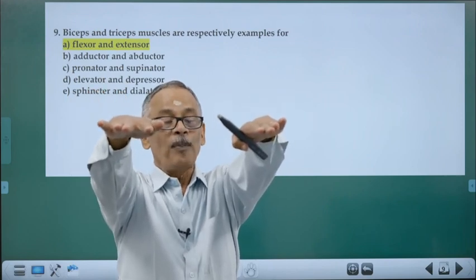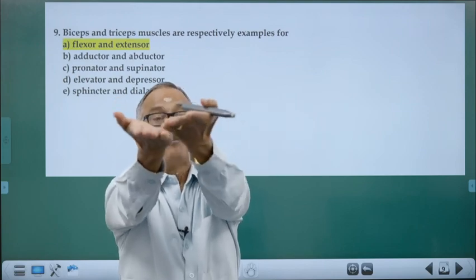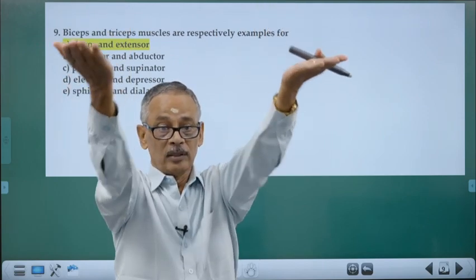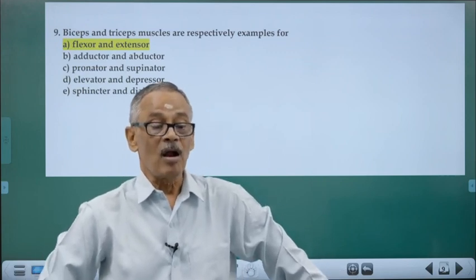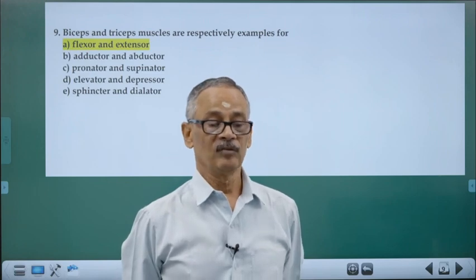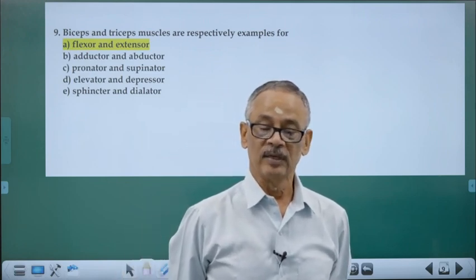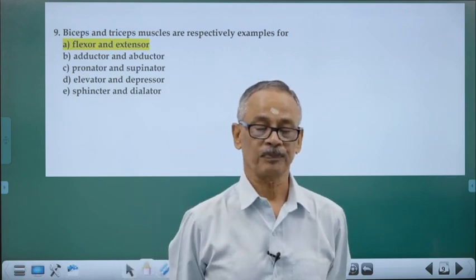And the opposite is supinator, where the palm is directed upward or directed outward. This position is called supination, with the help of the supinator muscle. So, pronator teres and supinator muscles are typical examples for them.